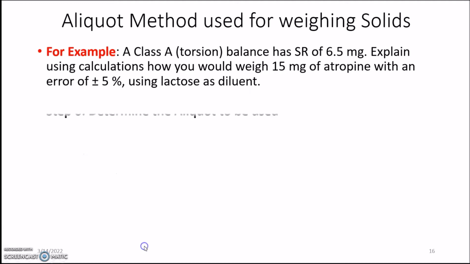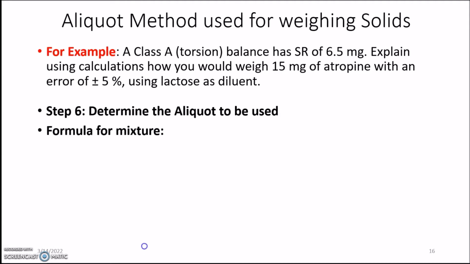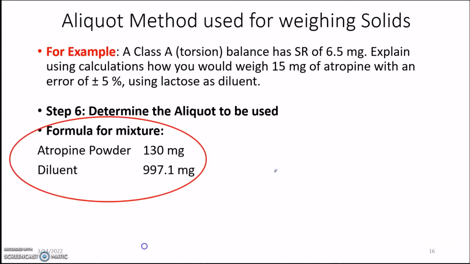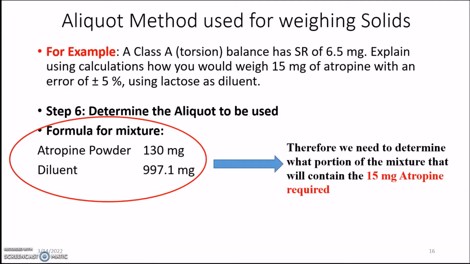What does this really mean then? What is it saying? How am I going to get my 15 milligrams? Well, I can weigh 130 milligrams. I can also weigh a diluent of 997. When I mix those two powders together, I am now going to get a total of 1,200 and something milligrams for total mixture.